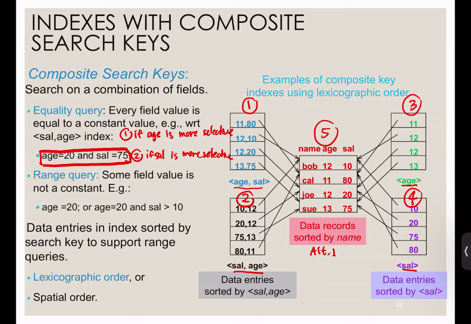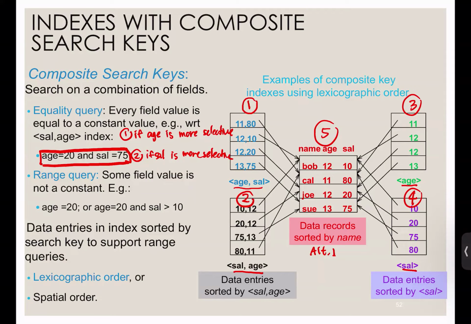Because the faster that we could get down to the most selective part first, it will be more helpful. So one or two would be good. But if we have more information about selectivity of age or salary, we could pick it better.